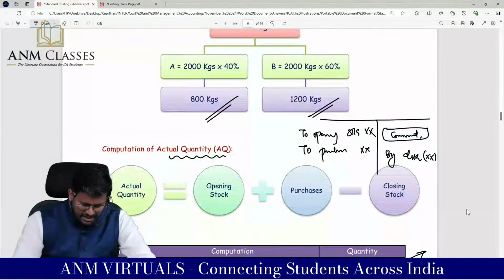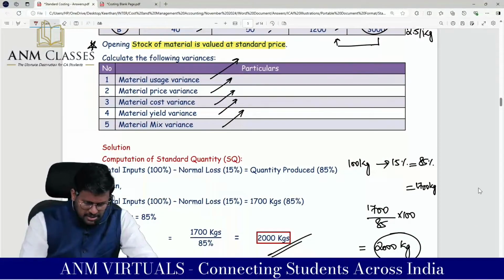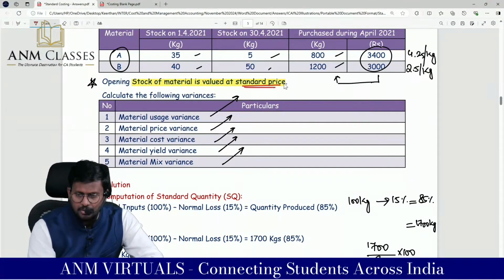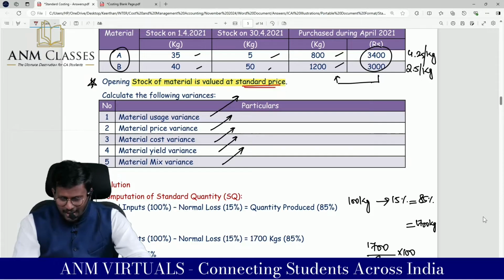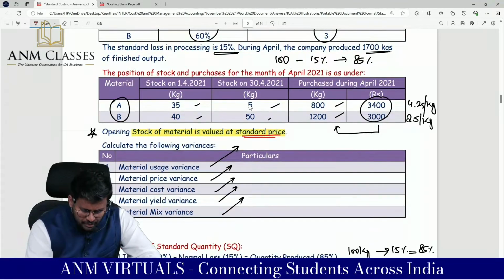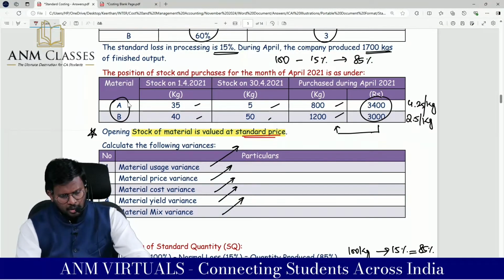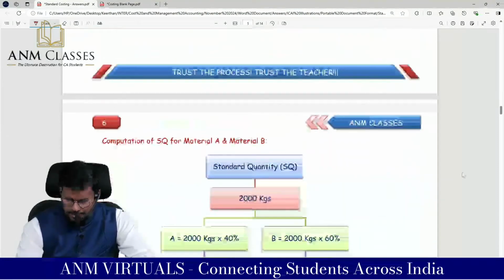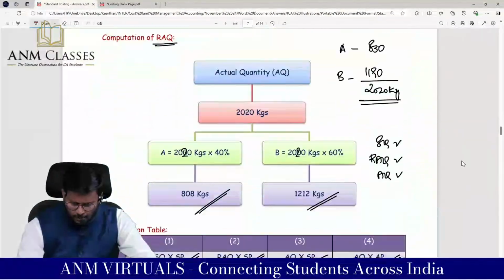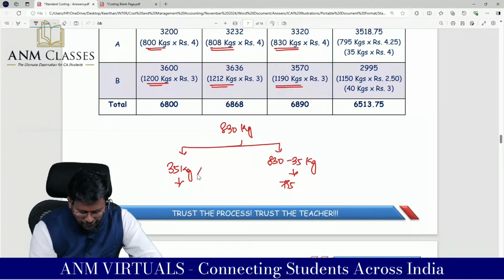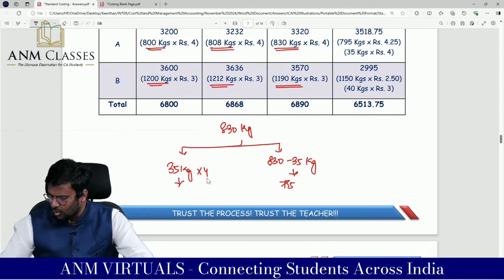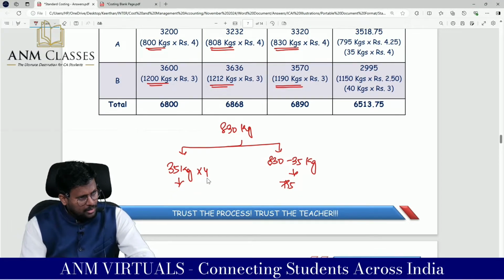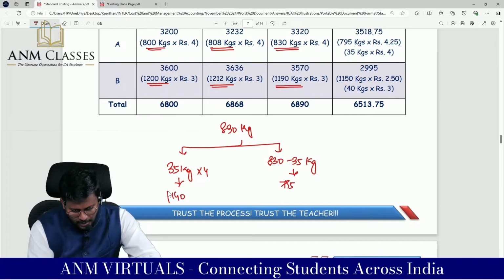The question specifically said the opening stock is valued at the standard price. The standard price of raw material A is 4 rupees. So 35 kg at the rate of 4 comes to 140. Are you all with me?